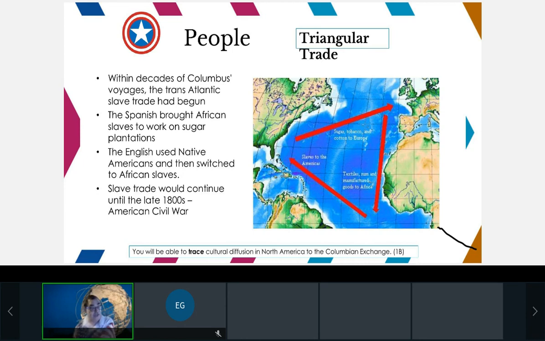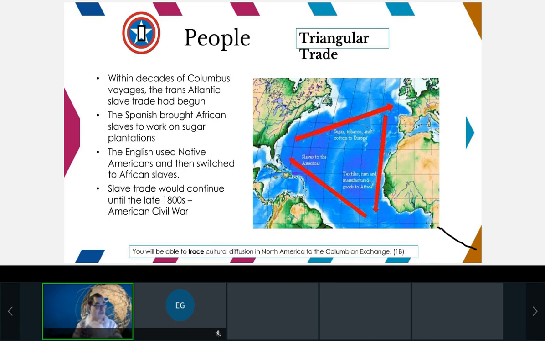And so then they're bringing the slaves back to plantations, especially early on in the Caribbean, where in those tropical climates you can grow things like sugar. And then they're being brought to the United States later on because of cotton and tobacco. The sugar is in the southern latitudes, okay? But the cotton and tobacco are in the southern United States.